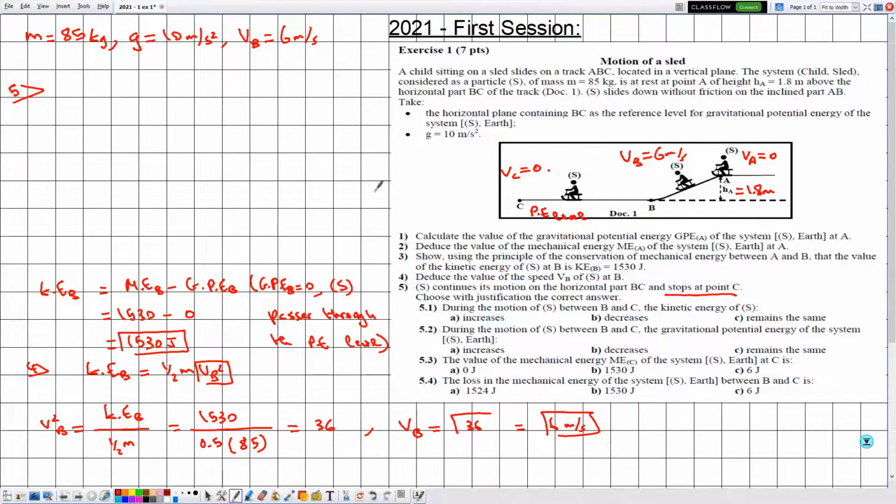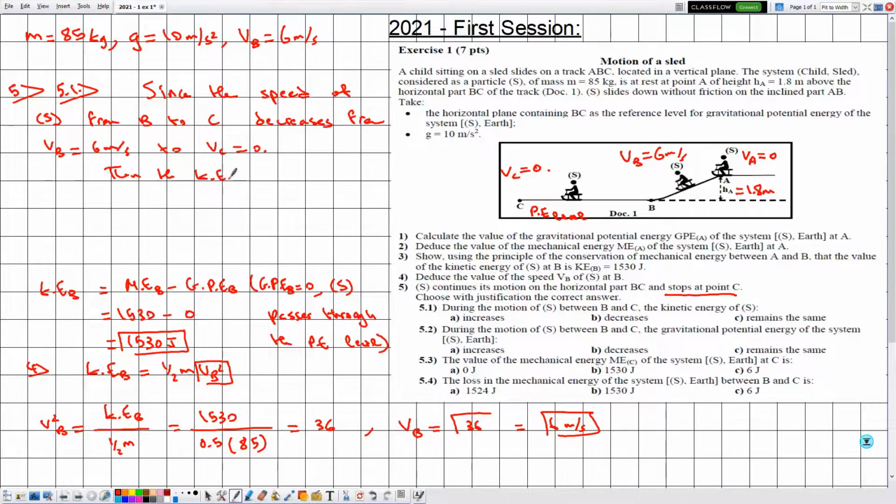So here we have the following. We are in part 5.1. Since the speed of S from B to C decreases from V at the point B, which is 6 meters per second, to V at the point C, which is 0, then the kinetic energy decreases.